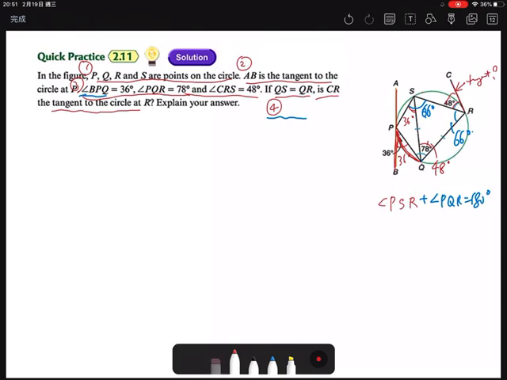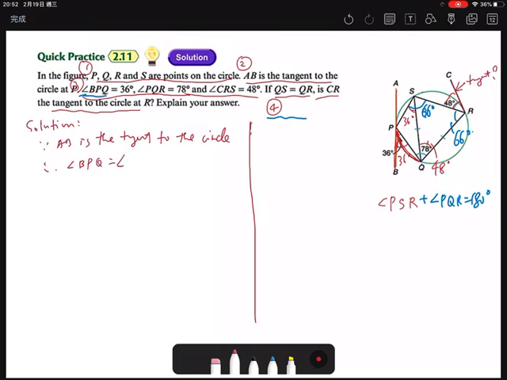Now let's organize the steps. Solution. Because AB is the tangent to the circle, we can have angle BPQ equals angle PSQ, PSQ equals 36 degrees.